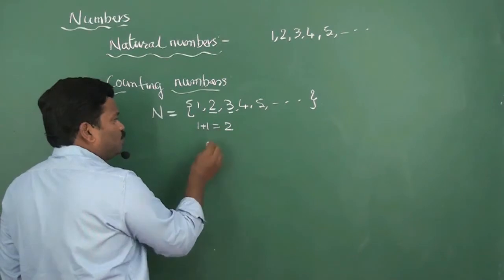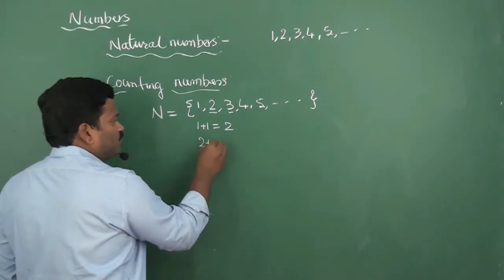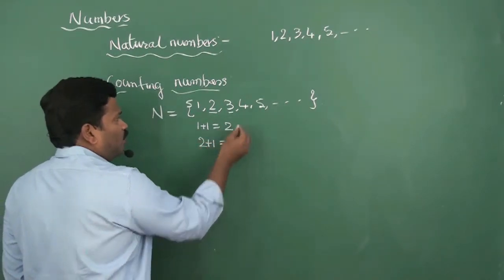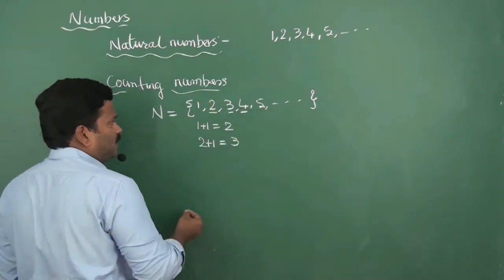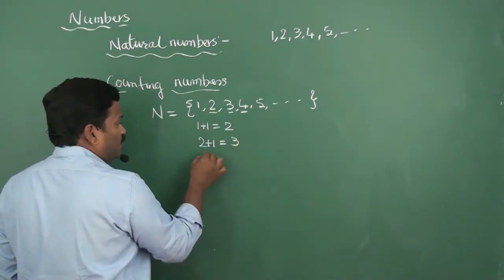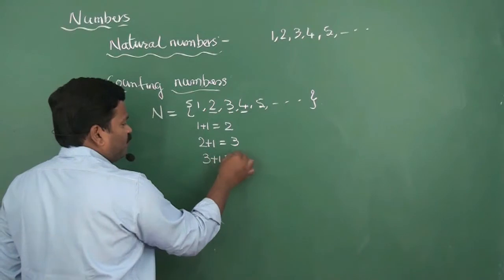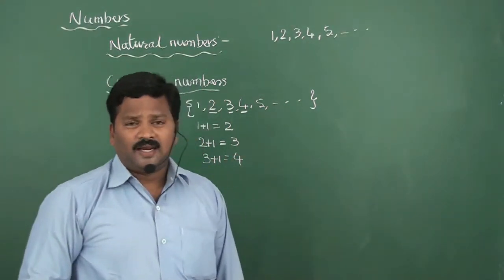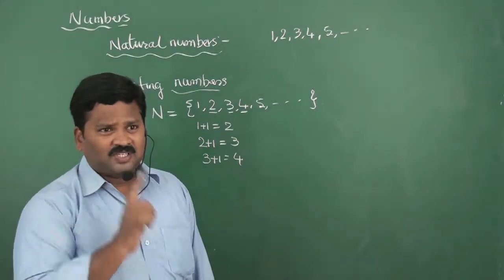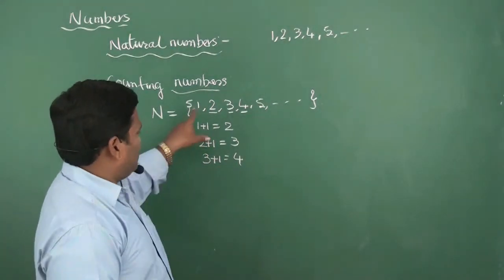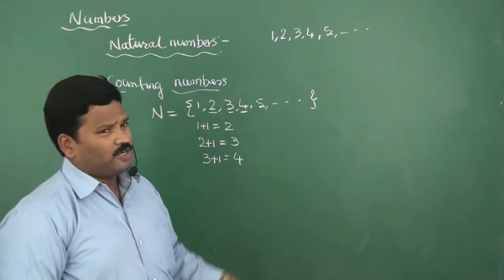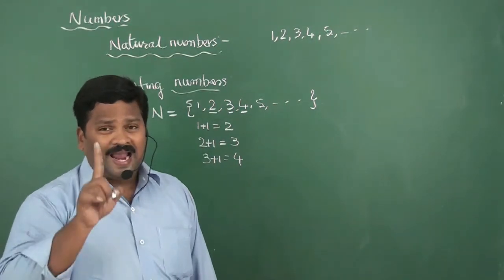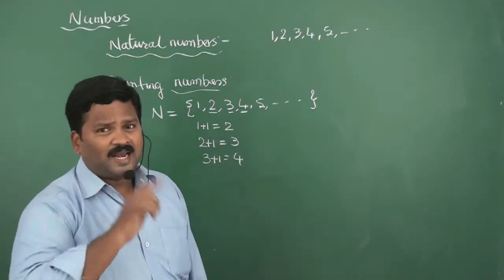By adding 1 to 2. How has 4 come? By adding 1 to 3, it becomes 4. Therefore, except for the first term, all the remaining natural numbers are obtained by adding 1 to their preceding numbers.